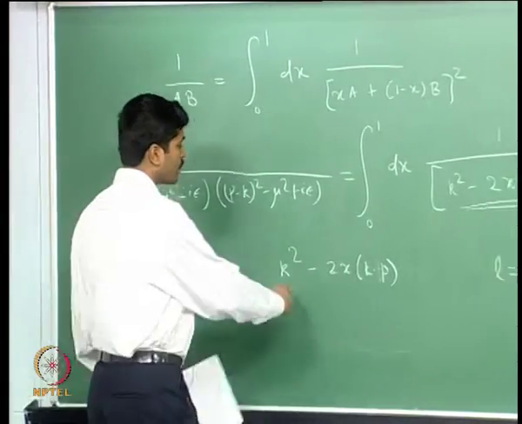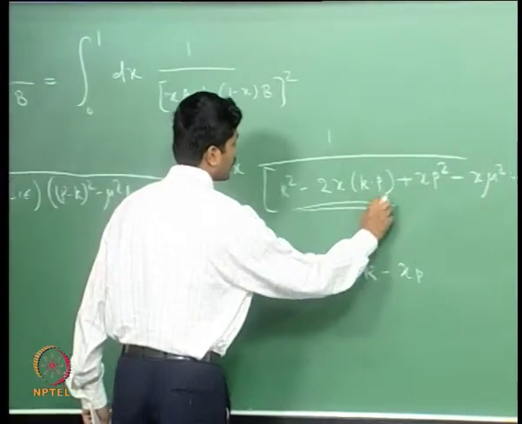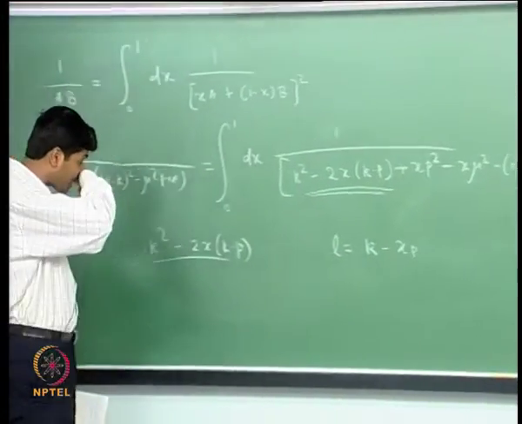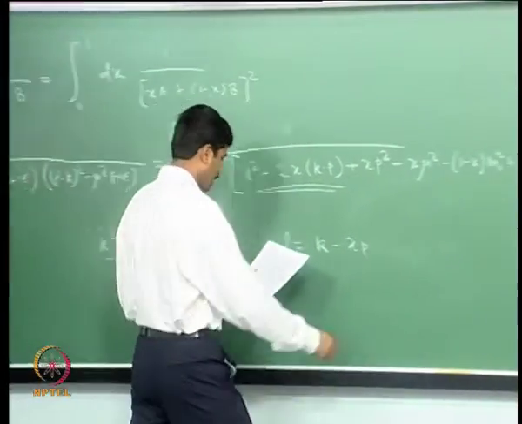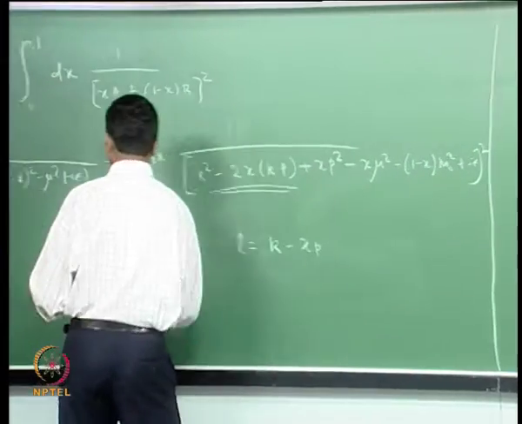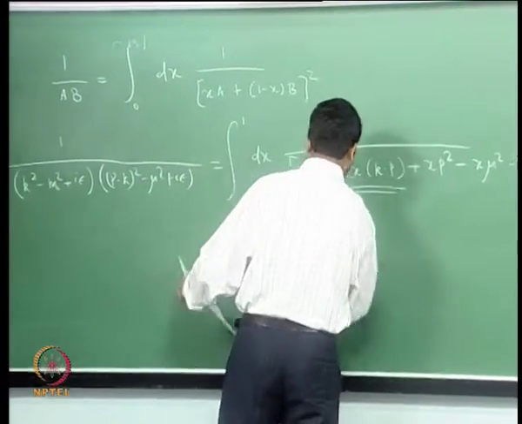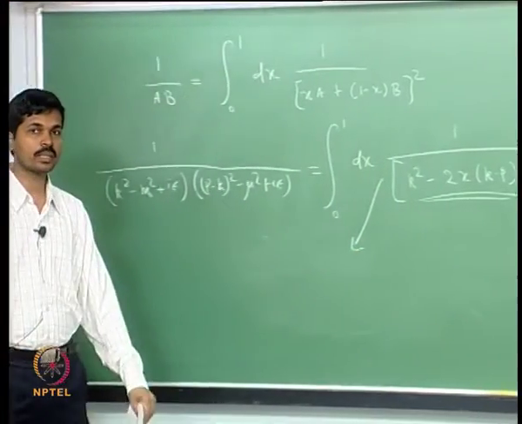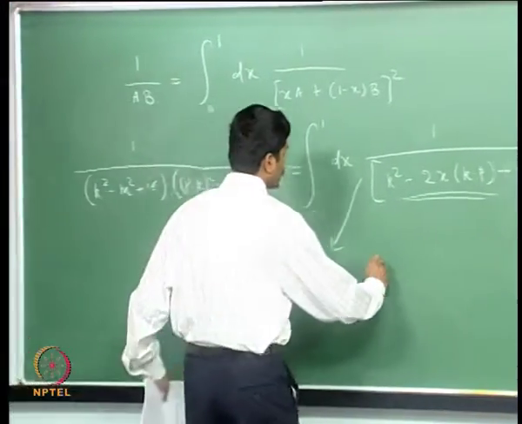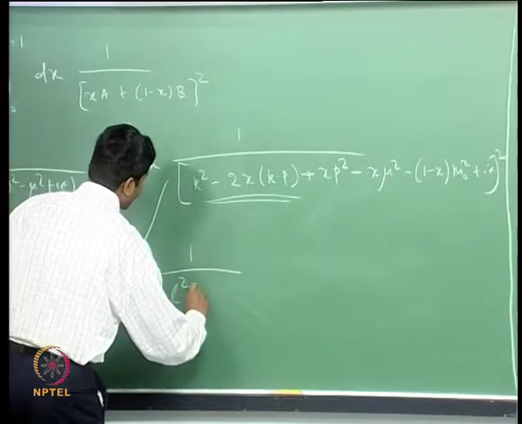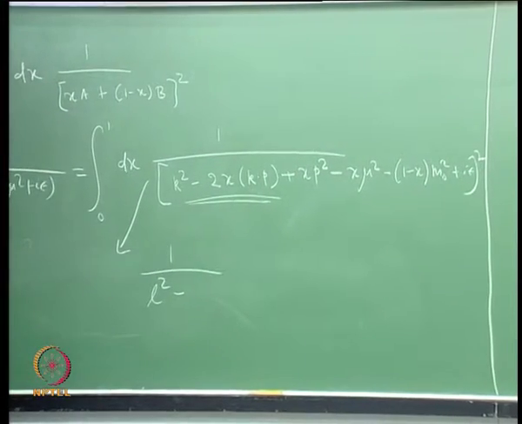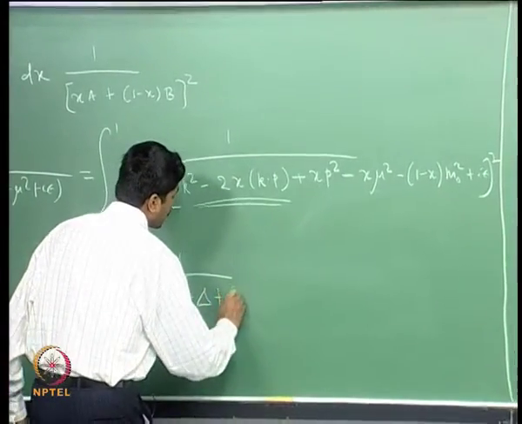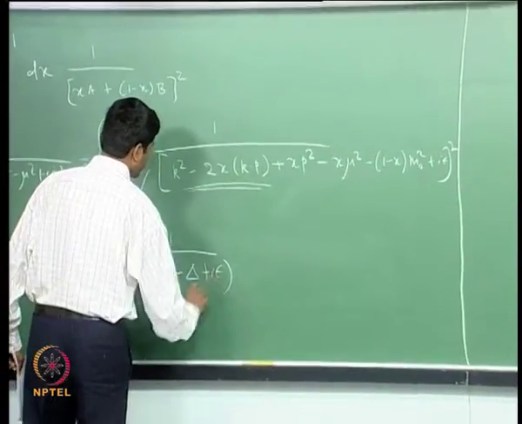So, instead of writing this in terms of the variable k, if I use the variable L, then what I get in the denominator is the following: 1 over (L square minus delta plus i epsilon), this whole square, where whatever is left I denote by delta.